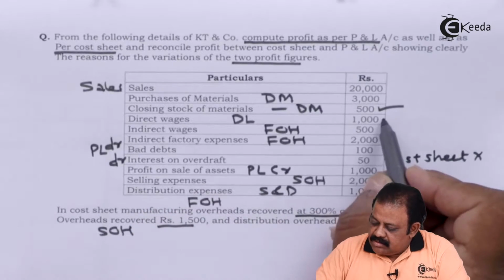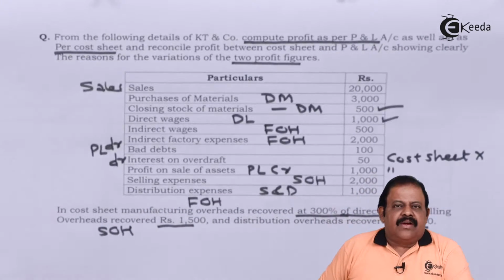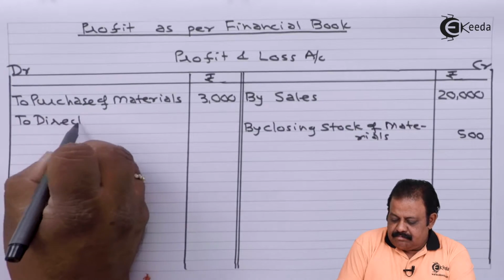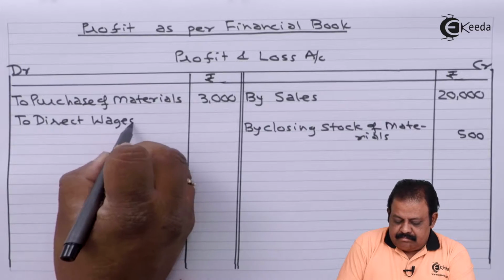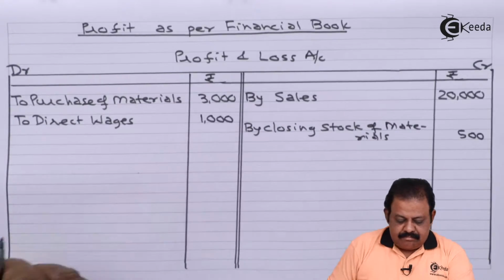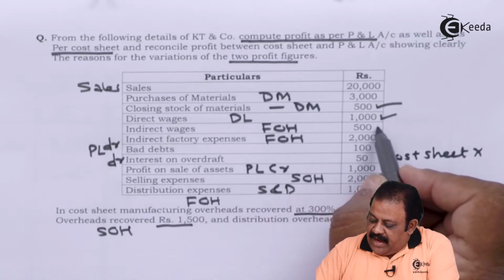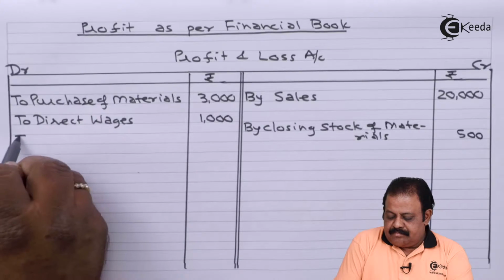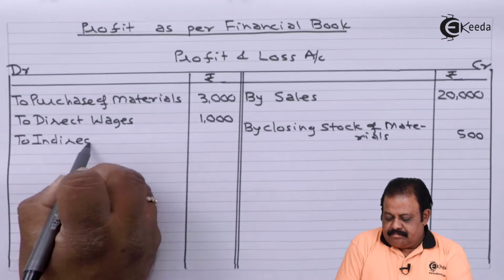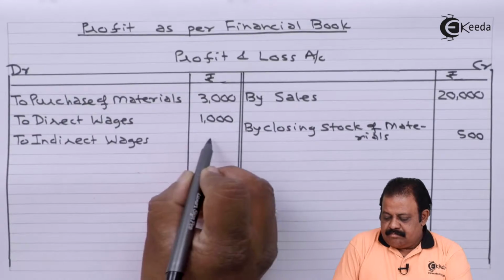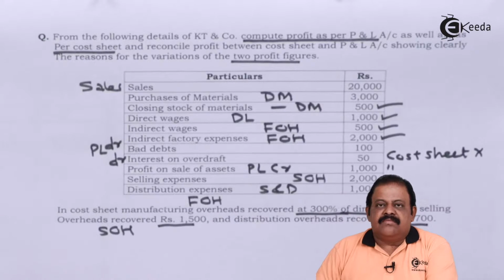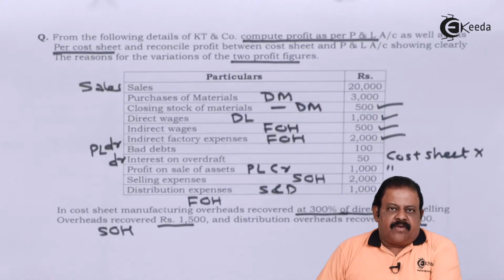Direct wages, this will be recorded to the debit of profit and loss account. Indirect wages 500, this will be recorded to the debit of profit and loss account. Indirect factory expenses rupees 2,000, this will be recorded to the debit of profit and loss account.